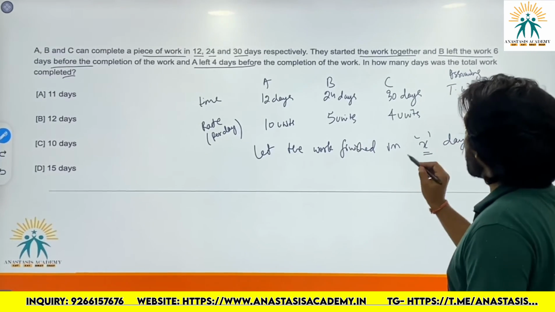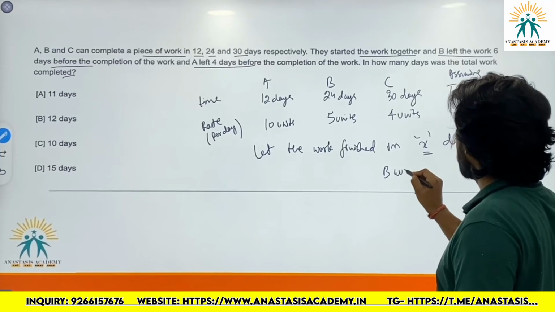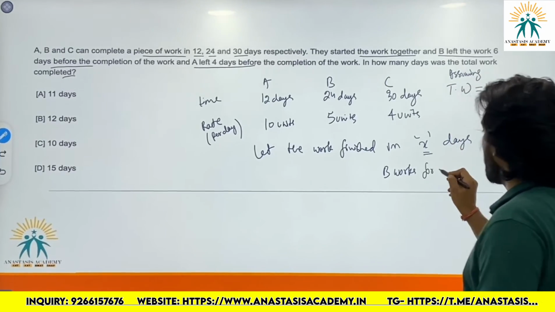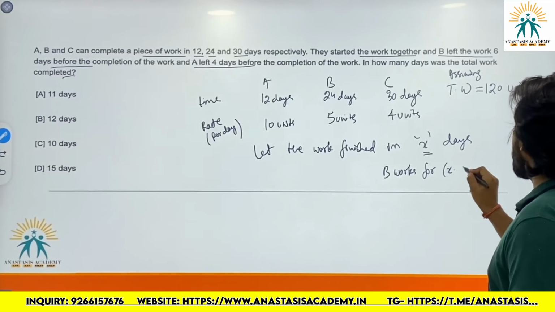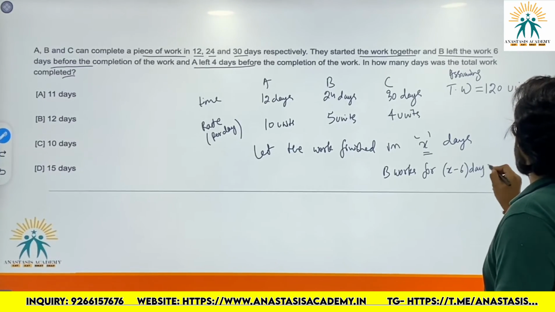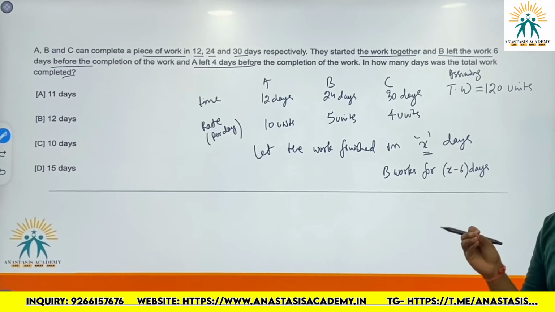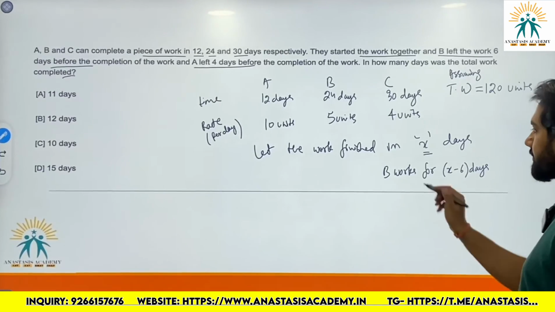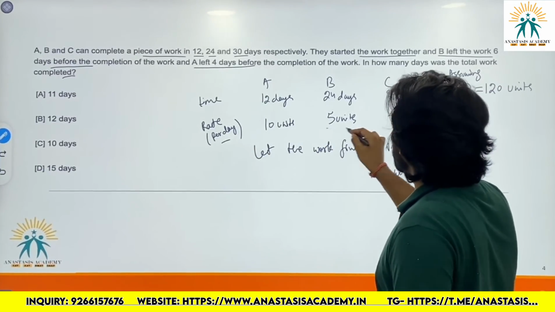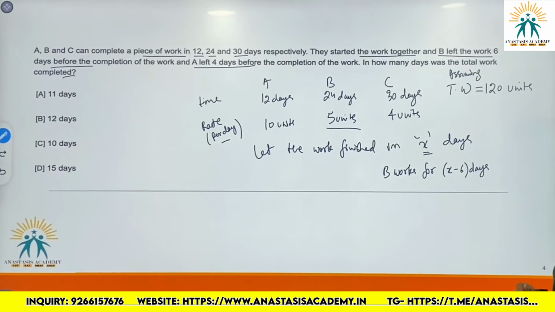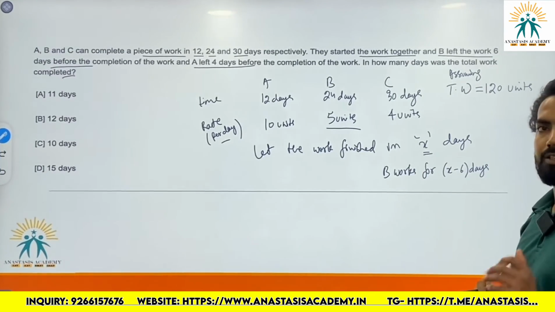So B works for how many days? 6 days before the completion, so B works for X minus 6 days, and the rate of B is 5 units per day.